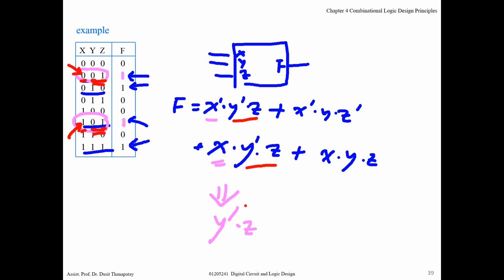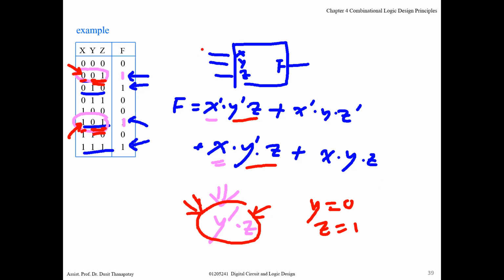So you can write these two terms as y prime z. This is the meaning: this term will be 1 when y equals 0 and z equals 1, not depending on the value of x.